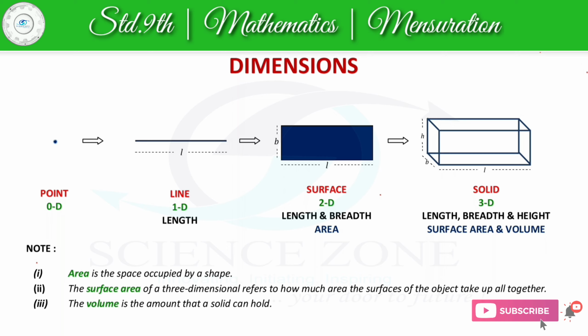The surfaces have no thickness but length and breadth, so they are 2D shapes. We can calculate their area and their perimeter. Finally, we have 3D solids which have length, breadth and height also. We can calculate the surface area of the solids and volume of the solids.